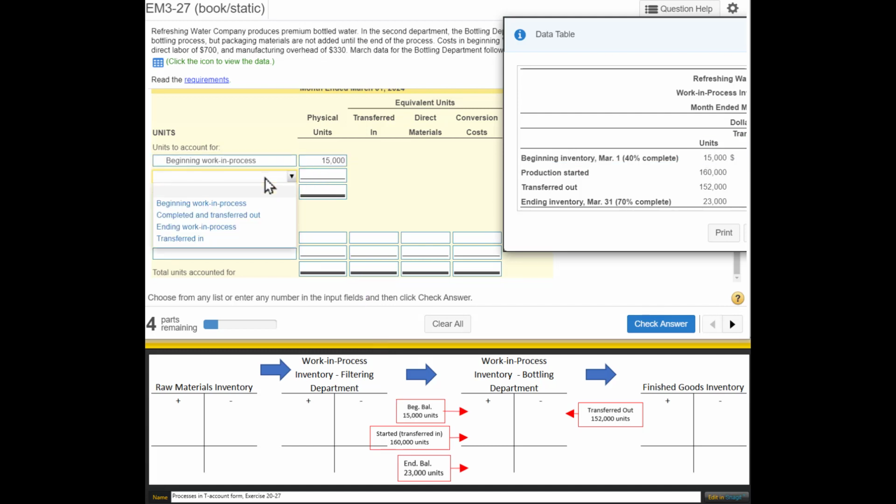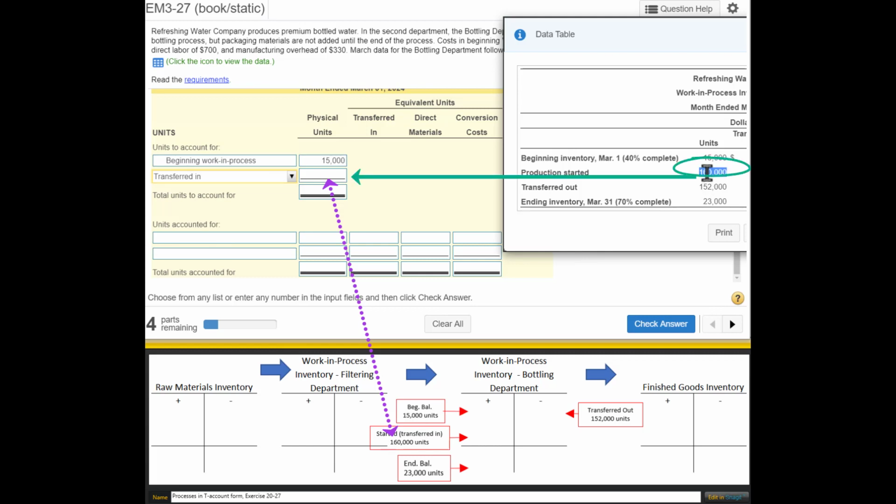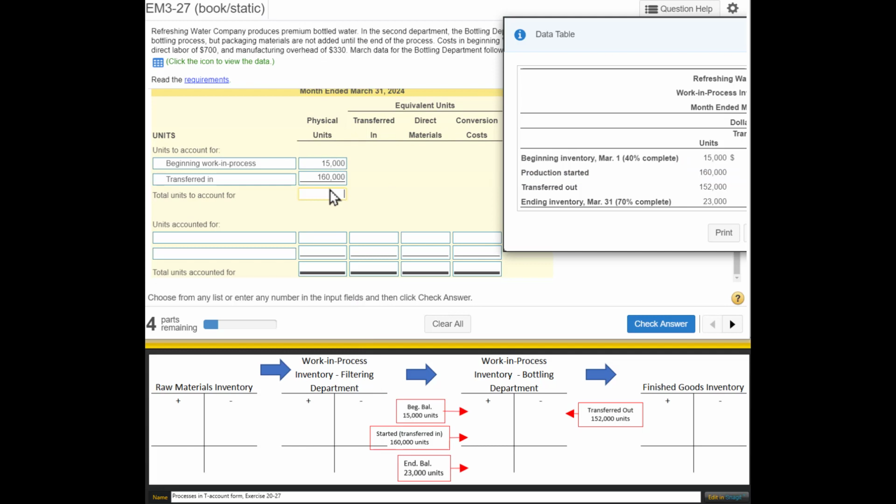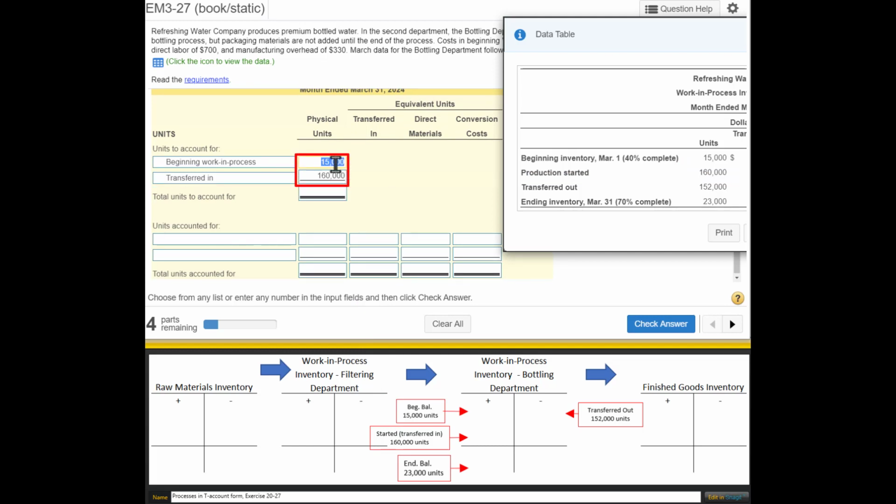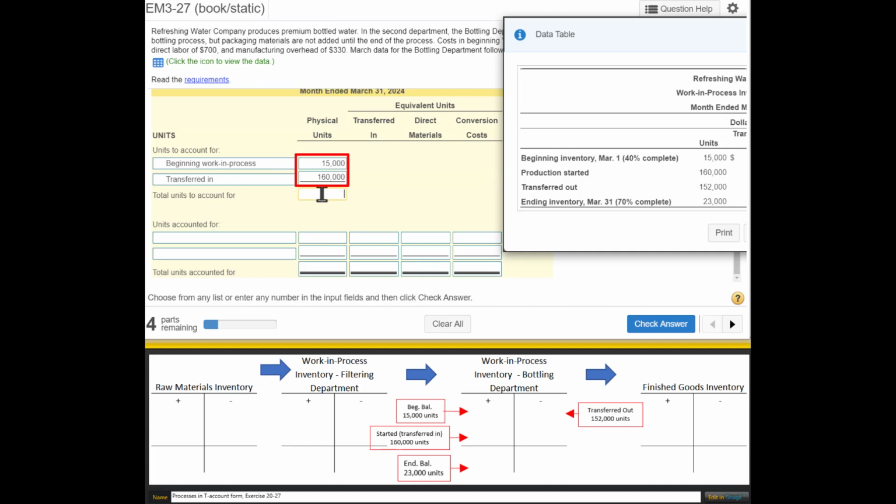And then the other units to account for are the ones that were transferred in, these 160,000 units. I wish they hadn't called them production started, because I think transferred in is a better way to phrase them. So now the total units to account for, we're just going to add 15,000 plus 160,000, which gives us 175,000 units to account for.